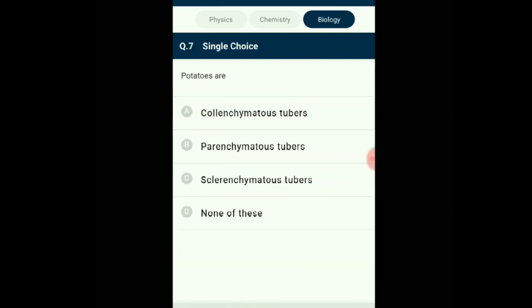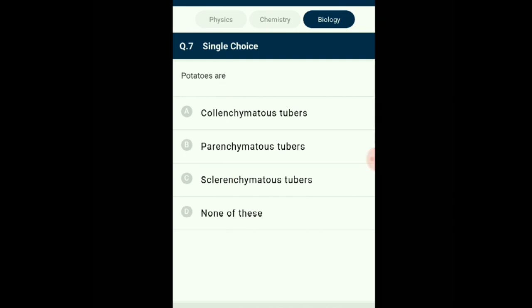Question number 7. Potatoes are. Parenchyma is the most simple and unspecialized tissue, which is concerned mainly with the vegetative activities of the plant. Parenchyma cells have different shapes and functions depending on their location and the tissue in which they are present. However, all parenchyma cells always have a large central vacuole, and only chlorenchyma cells contain high chloroplast content.